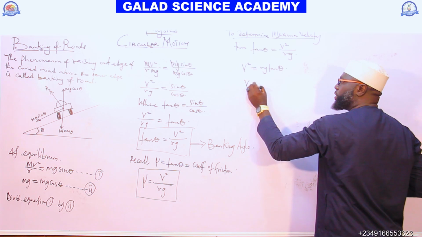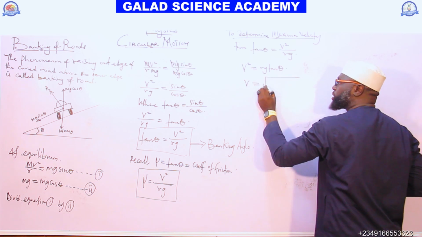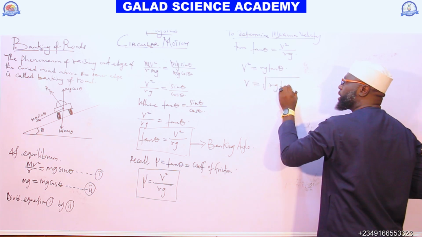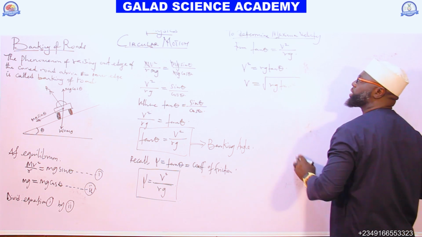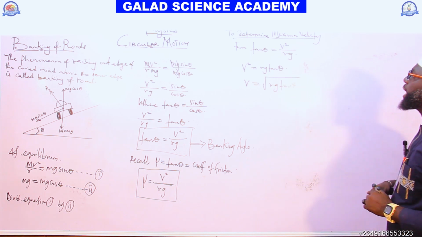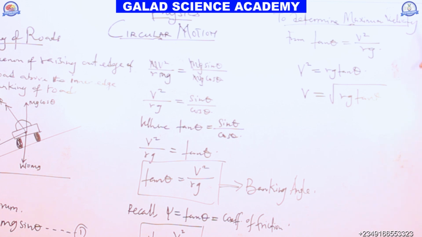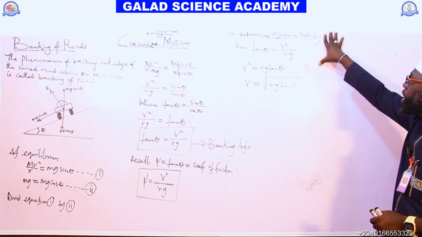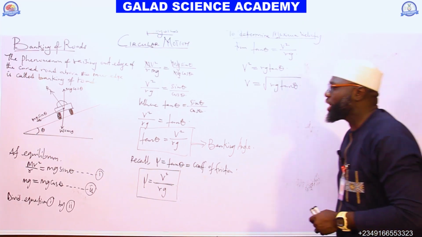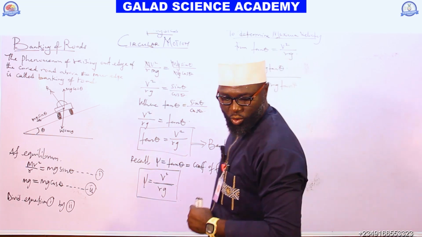So v equals the square root of Rg tan theta. That's the maximum speed of a car along a curved road.